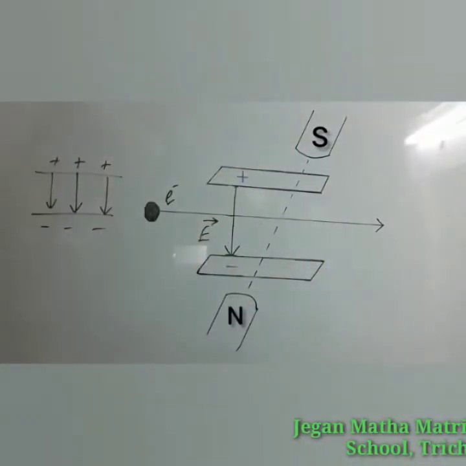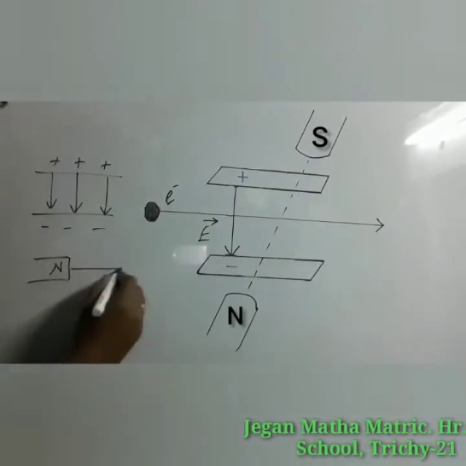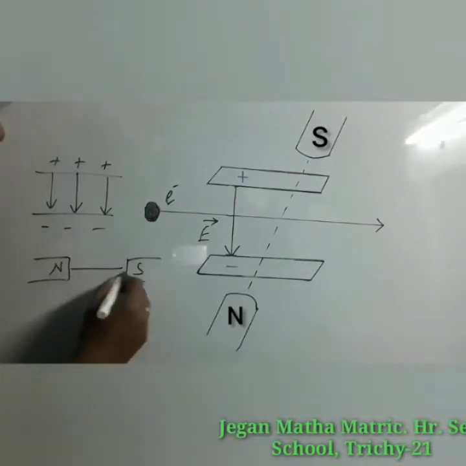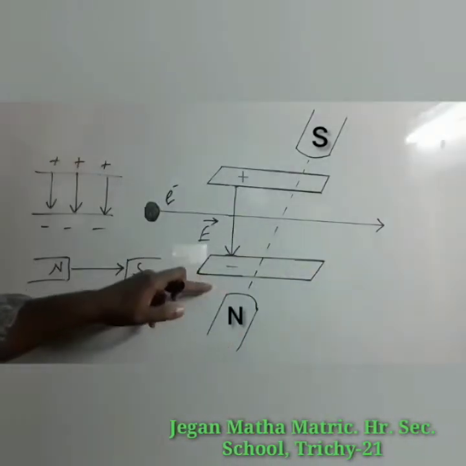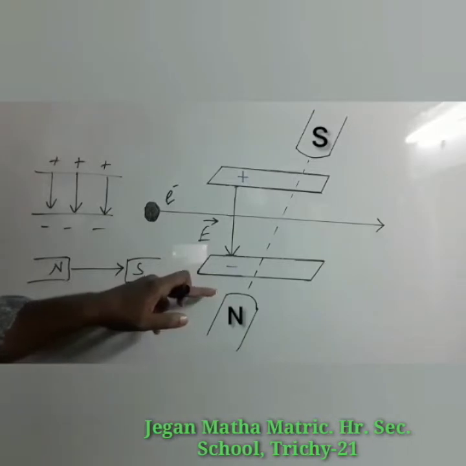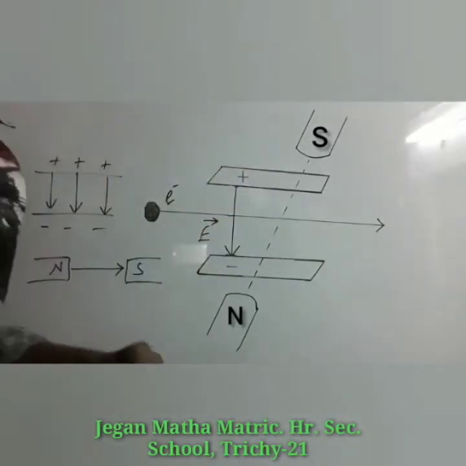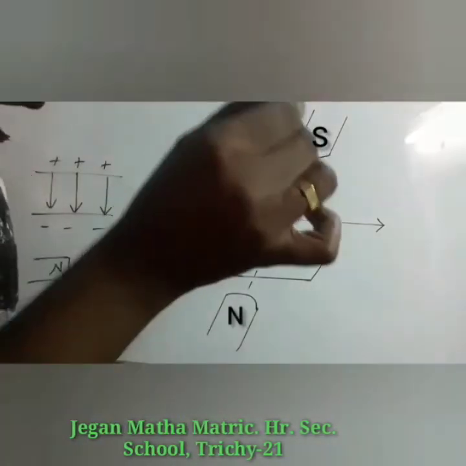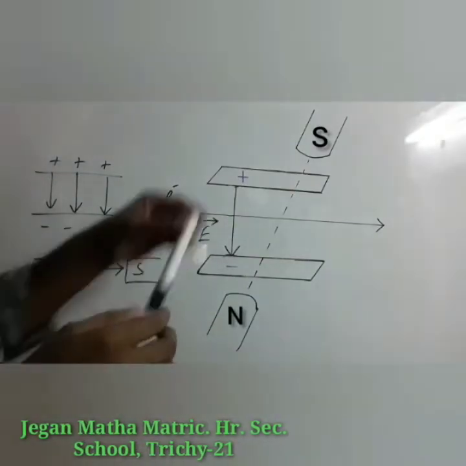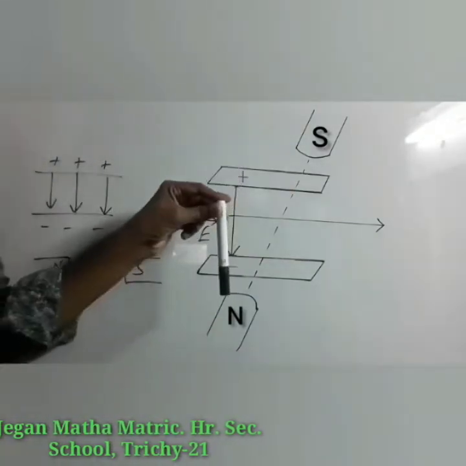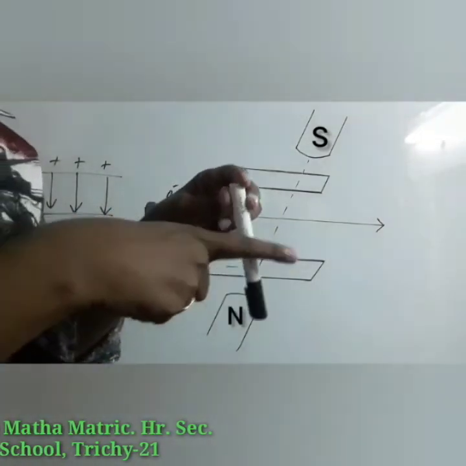You know the direction of magnetic field lines: they start at the north pole and end at the south pole. So what is the direction of the magnetic field? The magnetic field acts into the board, inwards. Already we have discussed the electric field acts downwards and the magnetic field acts inwards. They are perpendicular to each other.